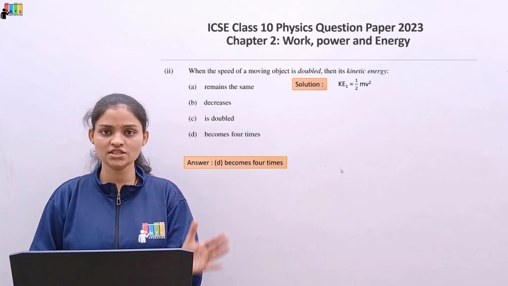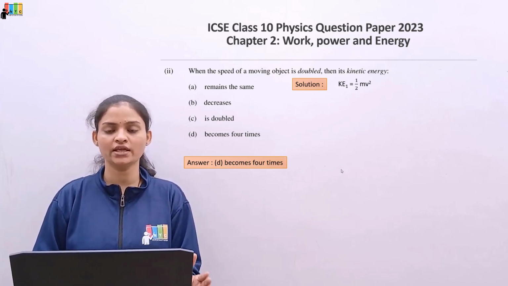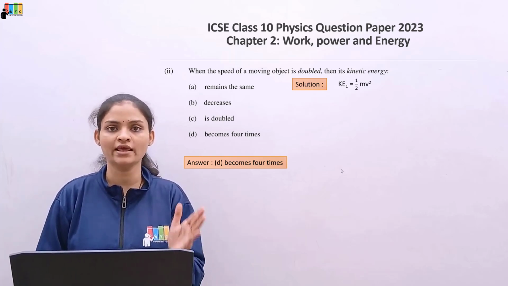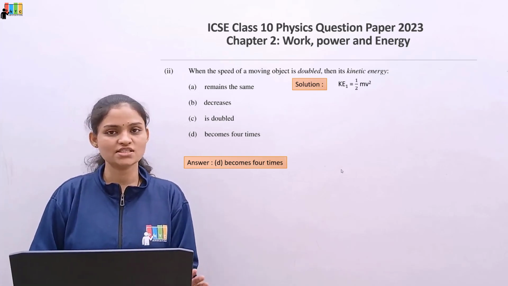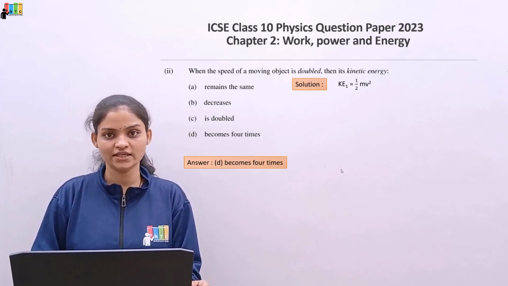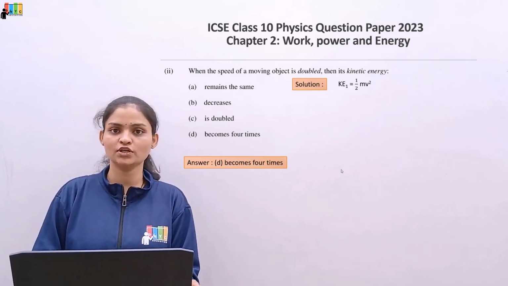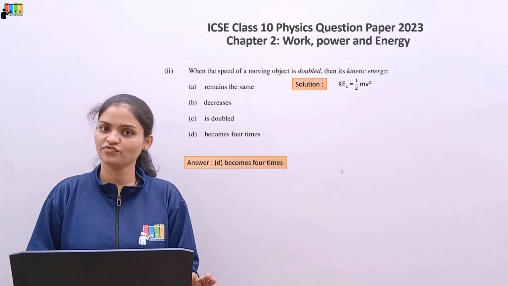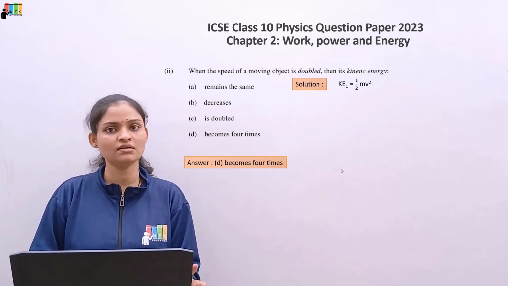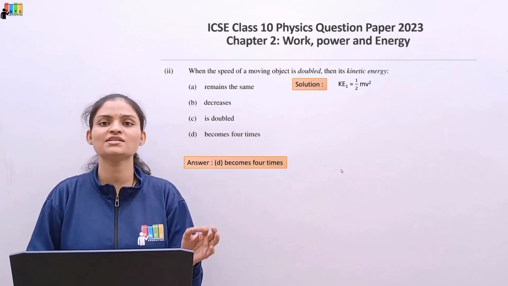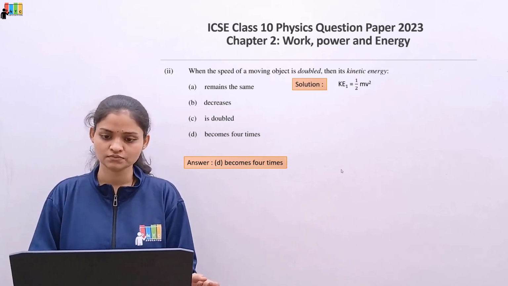So if we take the initial kinetic energy as Ke1, what is the formula for kinetic energy? Ke1 is equal to 1 by 2 mv square, where m is the mass of the object and v is the speed of the object.